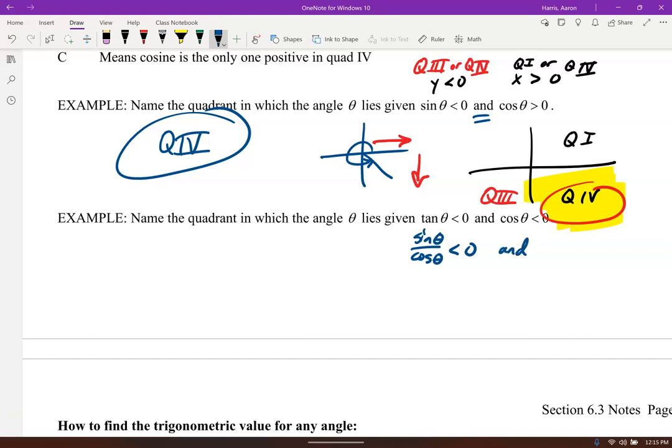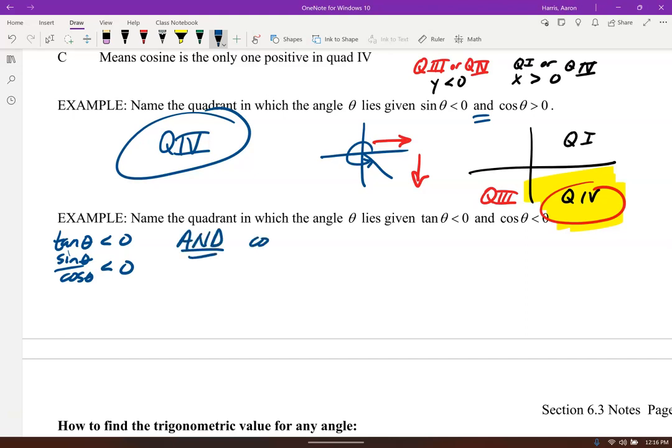And it's also got to satisfy, cosine is less than 0. So our x value is less than 0. I'm going to start with the x value. I know if my x is negative, I'm in either quadrant 2 or quadrant 3. Those are my options if the x is negative.